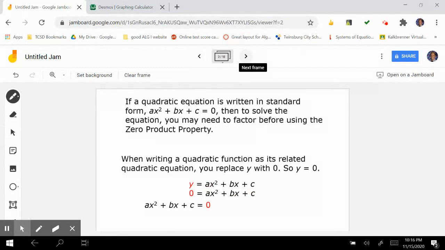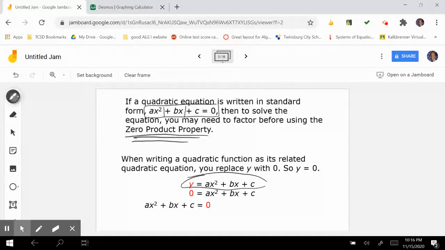All right. If a quadratic equation is written in standard form, that means ax squared plus bx plus c equals 0. We're going to be using the zero product property. Before, we used to call this what? If you look down here, we said y equals ax squared plus bx plus c.